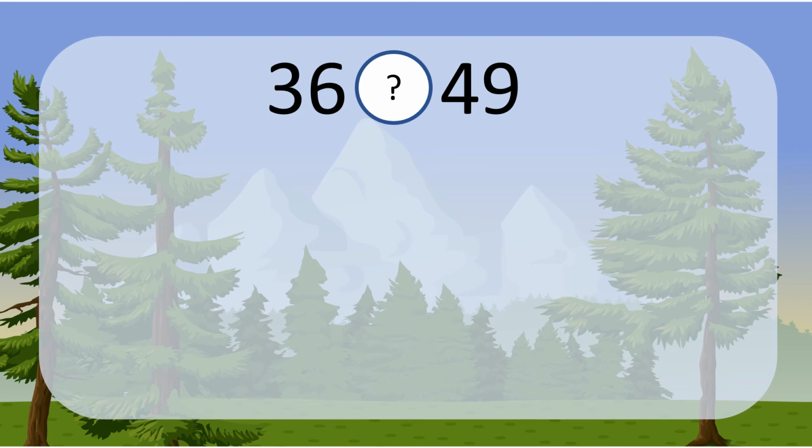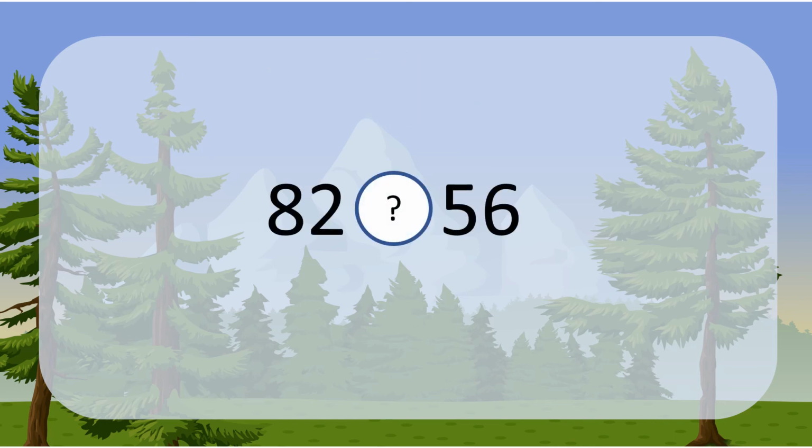Let's practice. What sign would go in the circle to compare 36 and 49? Less than. 36 is less than 49. What symbol would go in the circle to compare 82 and 56?